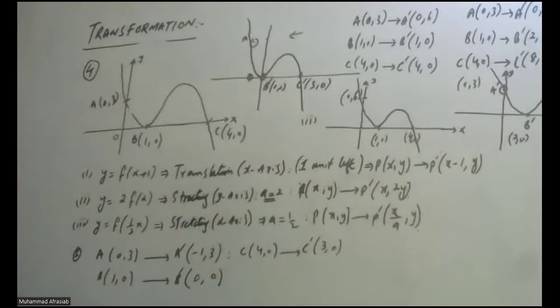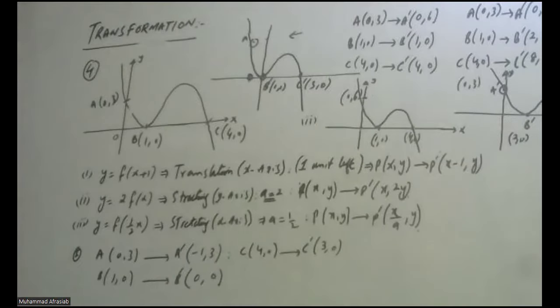So it is cutting the x-axis at 2 and 8 and the y-axis at 3, and it has a turning point at B. So this is the sketch of f of half x for the curve given in the beginning of part 4 of that question.